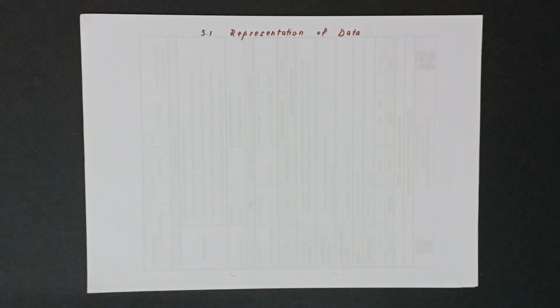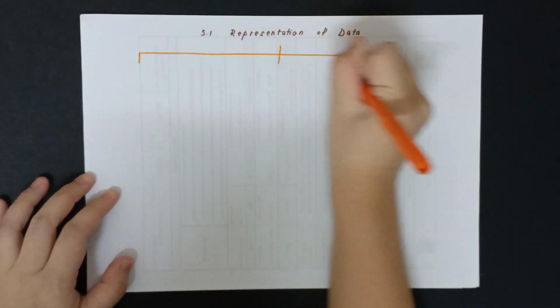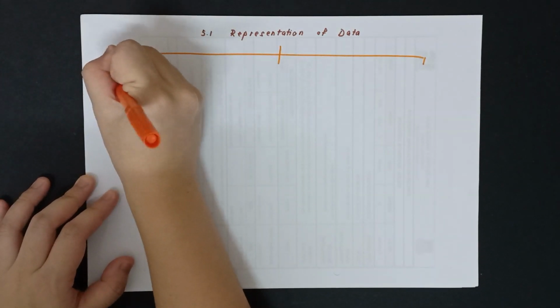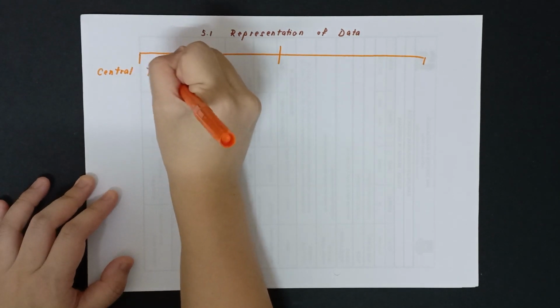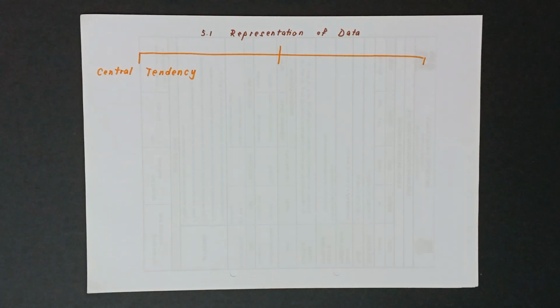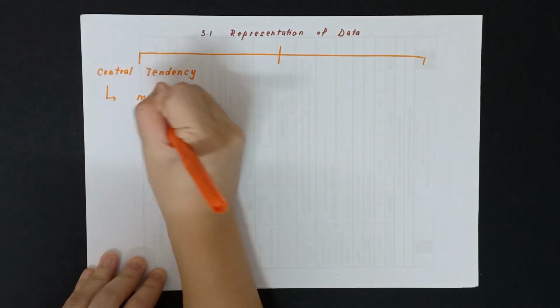Okay, so if you still remember, the first one that we talk about is the measure of central tendency. Under the measure of central tendency, you actually have three important things. The first one is called the mode.